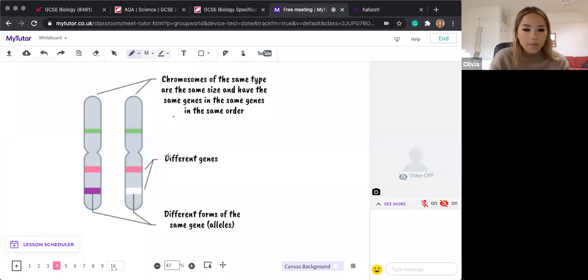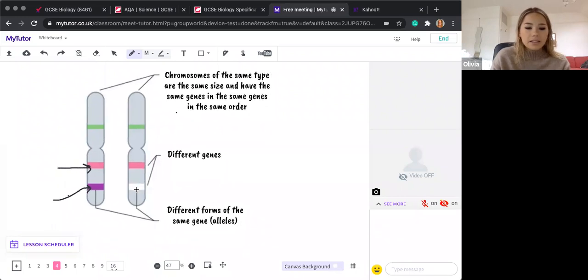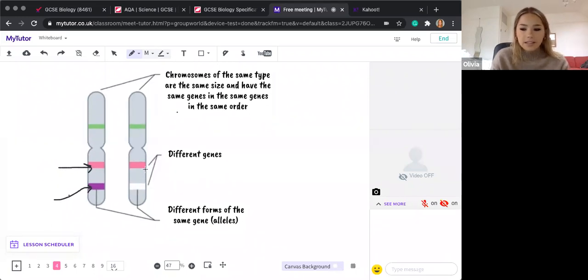This pink one might be the gene for eye colour, for example, and this one here might be the gene for, I don't know, hair colour. Obviously, it's a bit more complex than that, because it's not just one gene coding for one specific characteristic, but that's something we're going to have a look at next lesson.